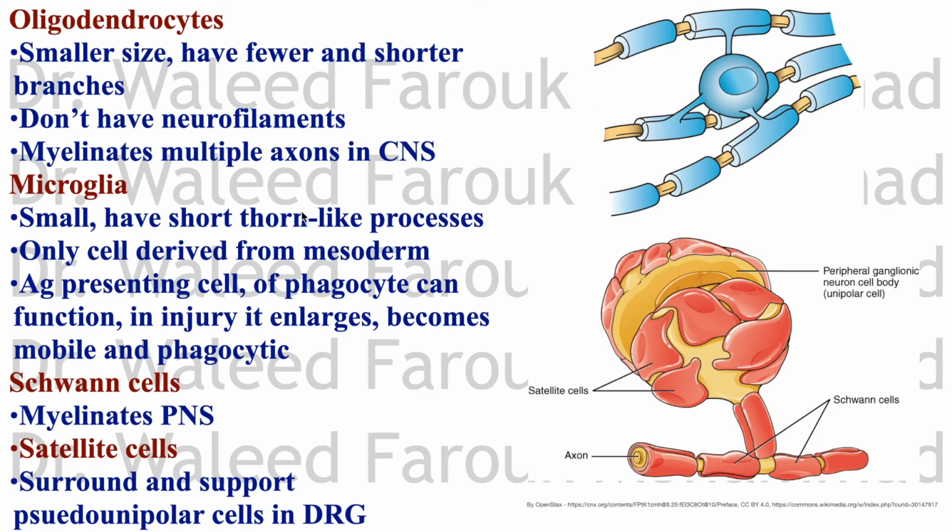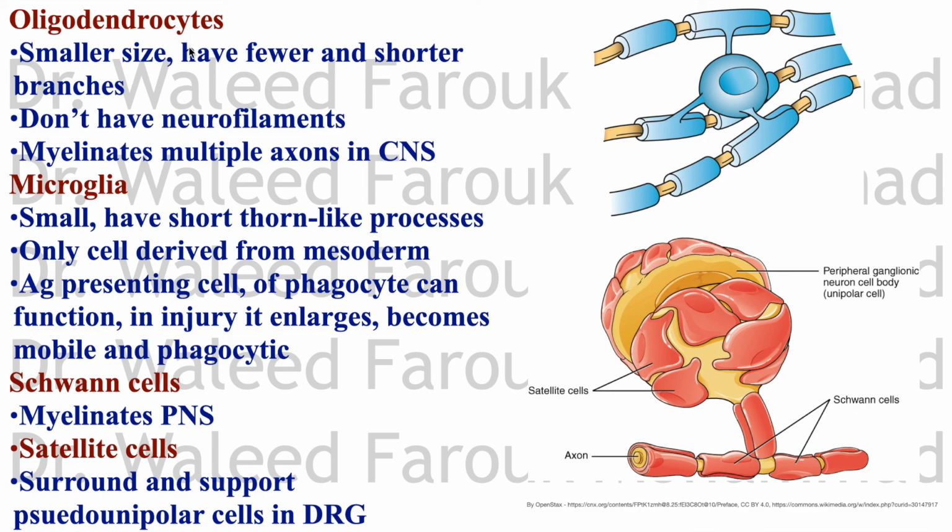Oligodendrocytes are myelin-forming cells. They are smaller in size and have fewer and shorter branches. They don't have neurofilaments and they myelinate multiple axons in the CNS. Remember, the cell that myelinates the axons in the CNS, which means inside the skull or the vertebral column, meaning the brain and spinal cord, is the oligodendrocyte.